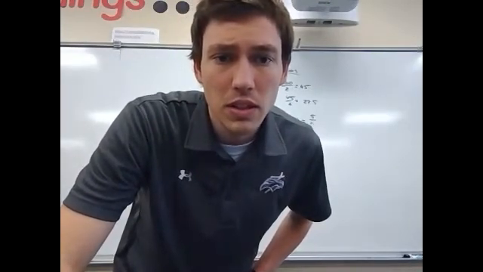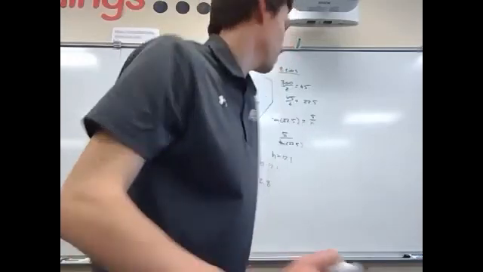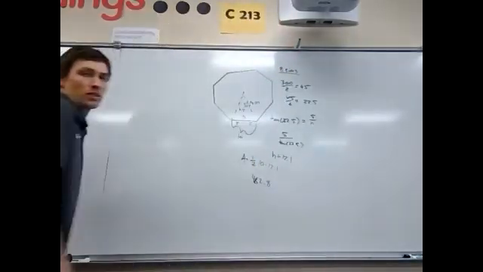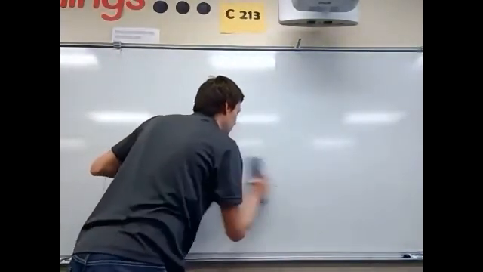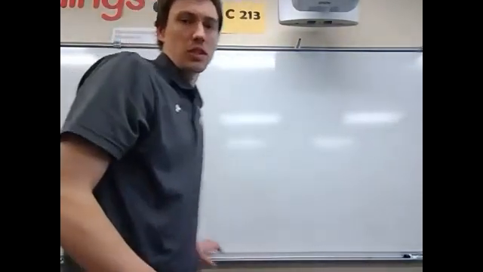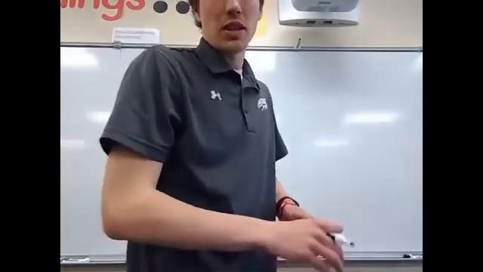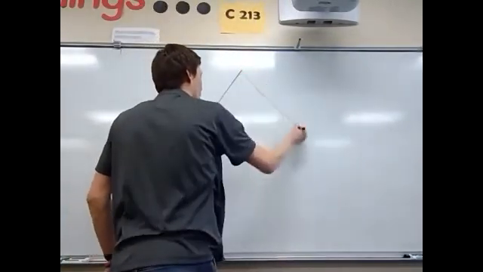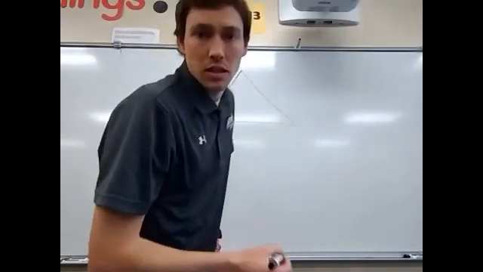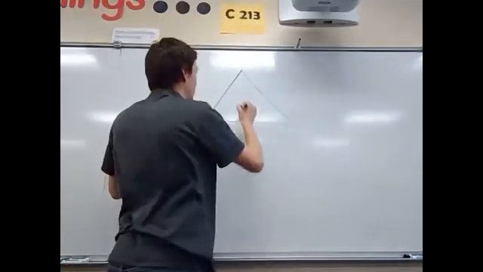12 is a little trickier. Okay, go ahead and screenshot. It's a little trickier. It says find the area of an equilateral triangle with a radius of 7 radical 3.